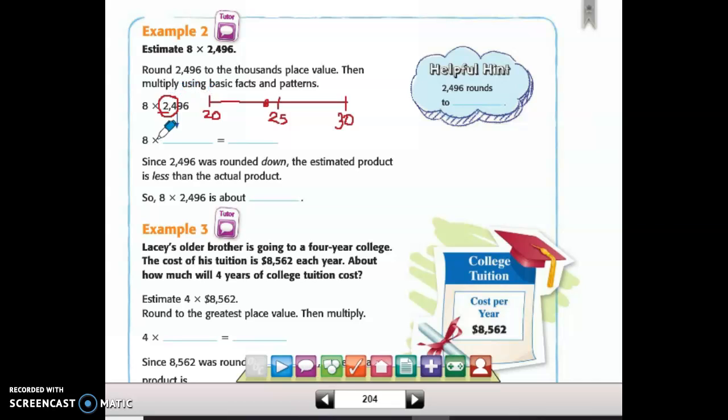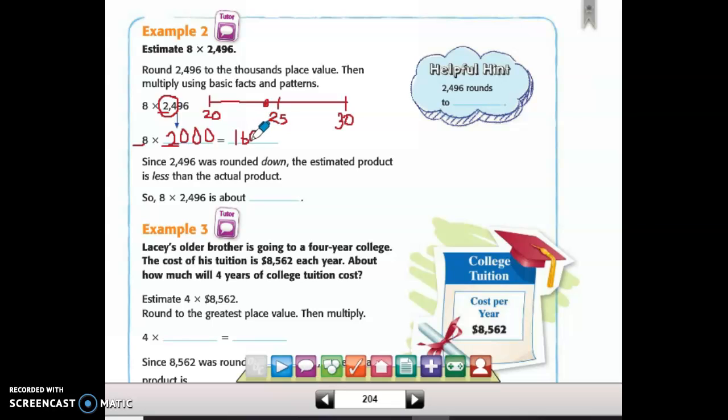So I'm going to have still 8 times, but instead of having 24, I'm going to round down to 20. And since those other digits are to the right, they round down, they go to 0. And look at your basic fact. 8 times 2 is 16.